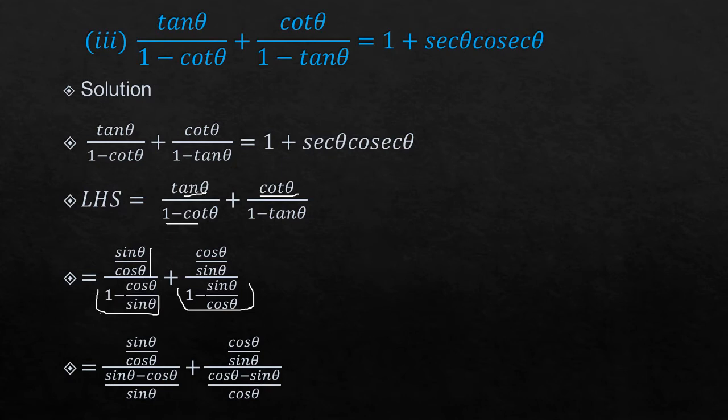Sin theta upon cos theta will remain the same, upon, taking LCM, sin theta minus cos theta upon sin theta, plus similarly here cos theta upon sin theta remains the same, so you get cos theta minus sin theta upon cos theta. Okay, so note it down carefully. Okay students, move further.